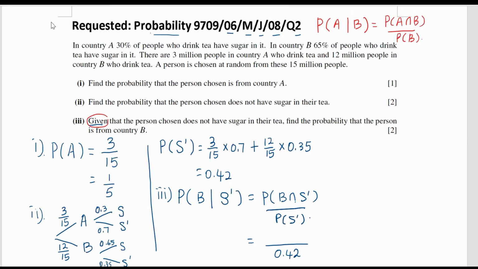And the numerator is the probability that the person is chosen from country B, which is 12/15, and the probability that the person does not have sugar in the tea, 0.35. This is how you get the conditional probability. Using a calculator, the answer is 2/3.